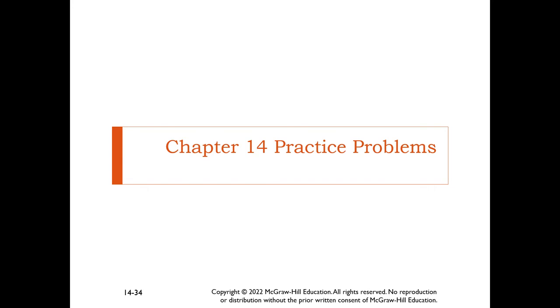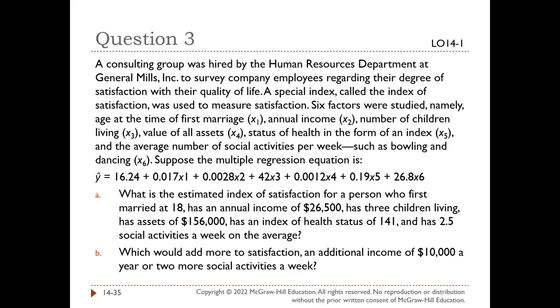Alright, fun part now, the practice problems. Let's see what we got. Alright. So, a consulting group was hired by the Human Resource Department at General Mills, Inc. to survey company employees regarding their degree of satisfaction with their quality of life.